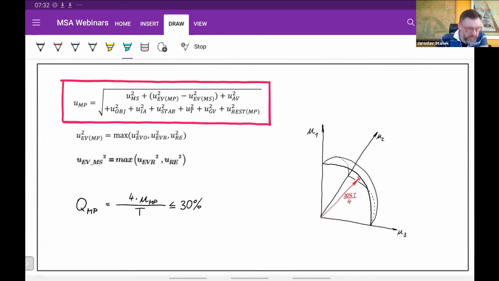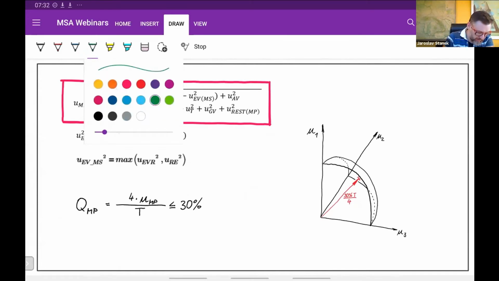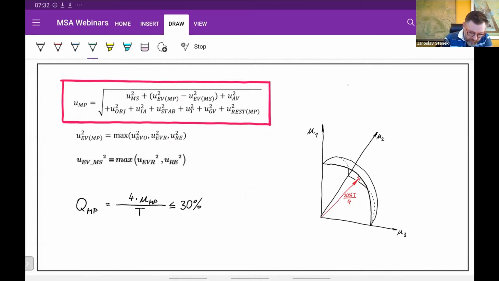So let's see how the ISO works. This is for the ISO. I have here again the formula for the combined standard uncertainty for the measurement process.